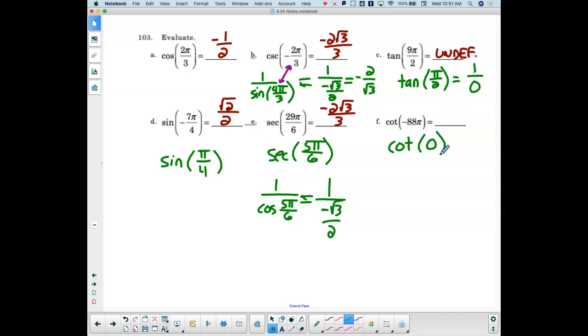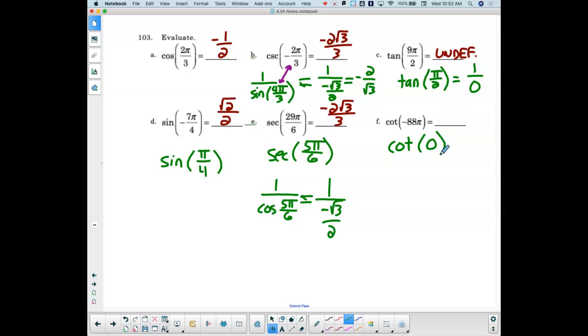Right? Because it's even. What if it was negative 89 pi? Then where would it be? This is something you should have picked up yesterday. That'd be at pi. How do I know when there's no fraction and it's just whole numbers of pi where it is?